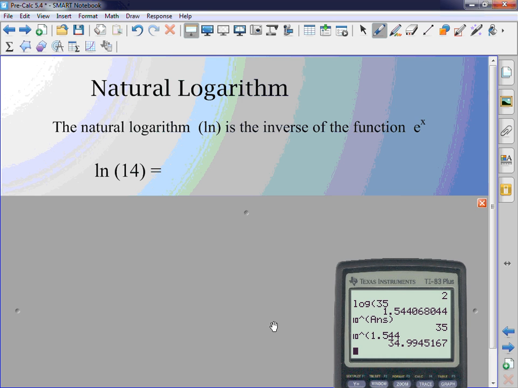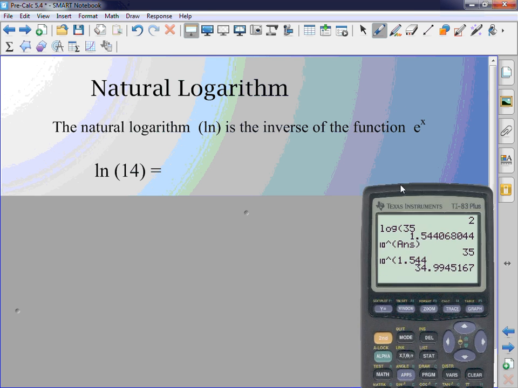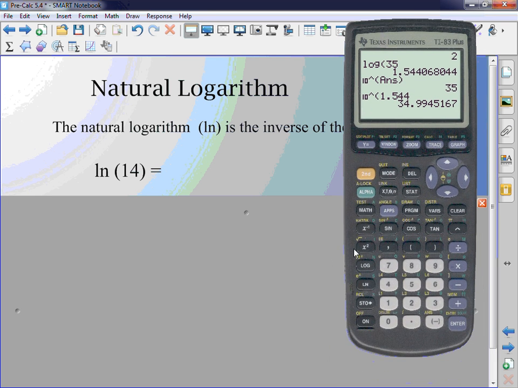Now, ln of 14. Remember how you got to e? You had to do second ln? Just ln of 14. It's about 2.639.